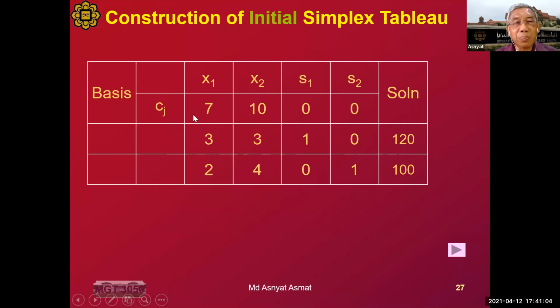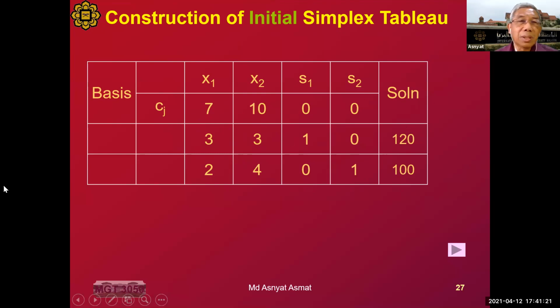This is again, I repeat, at the top here, the coefficient of the objective function, and then inside here, the coefficient of the constraint, and then on the right hand side here is the solution column.